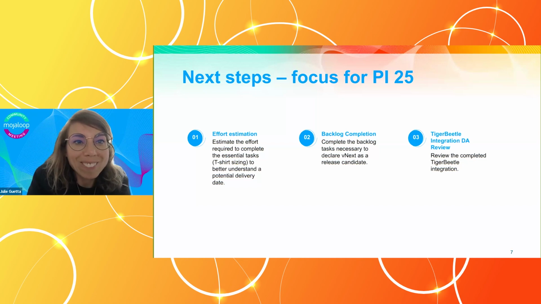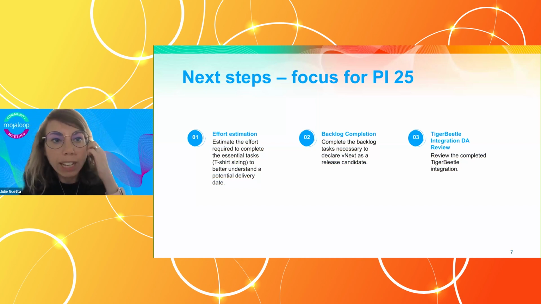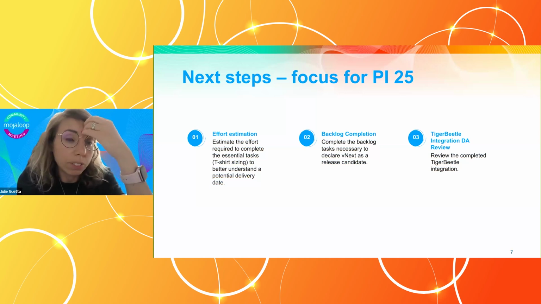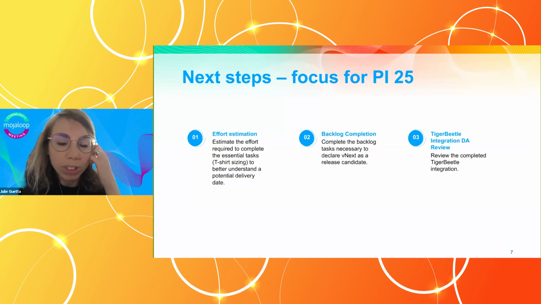So t-shirt sizing each task so that we can have a better understanding of a potential delivery date for vNext. This is work that we will prioritize at the beginning of this PI. The second thing is backlog completion. As I mentioned in the previous slide, we have identified areas of high focus, so we will work on completing these tasks. And the third one, I mentioned it as well, is around Tiger Beetle integration.